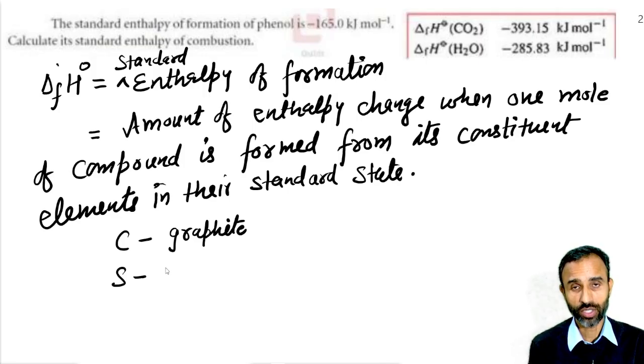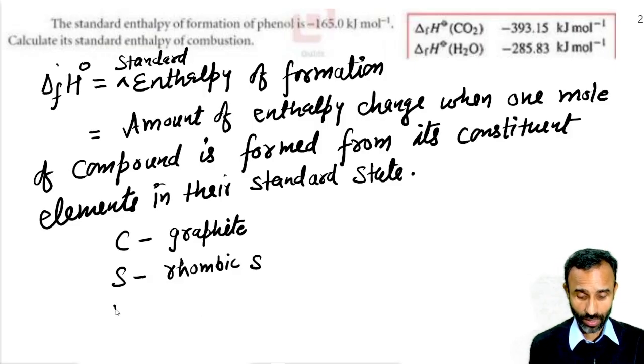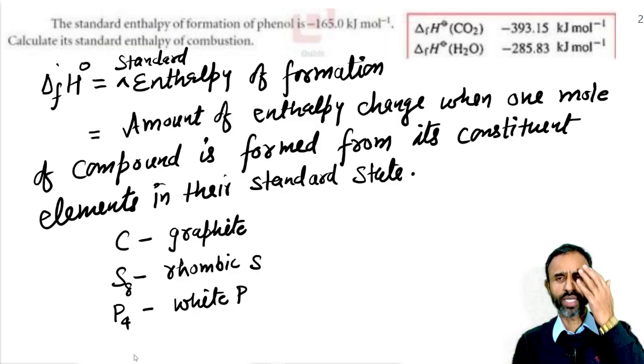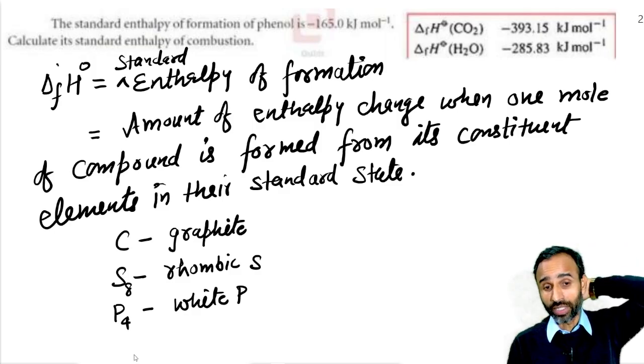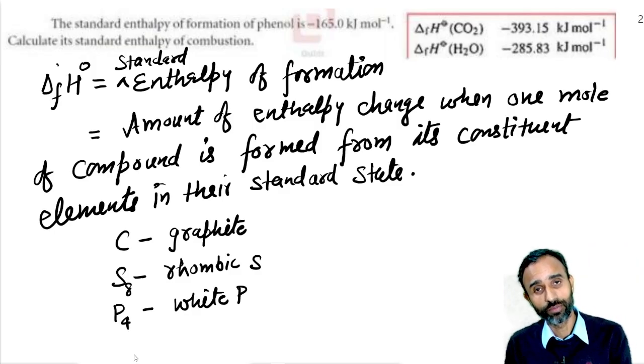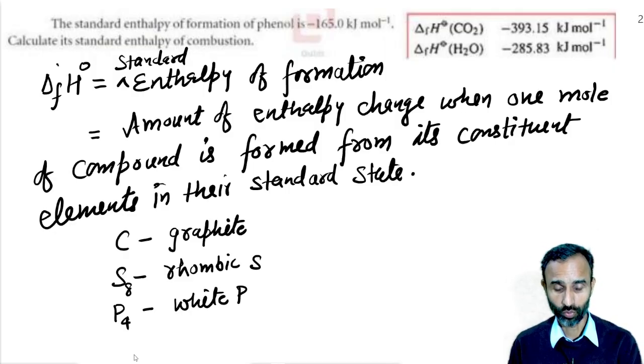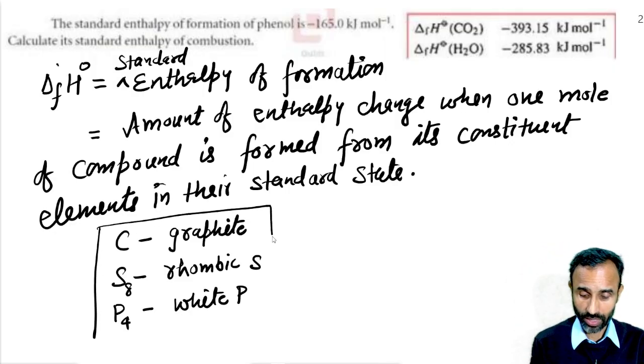What is the standard state of sulfur? It is rhombic sulfur. And phosphorus, it is white phosphorus. Even S8 is monoclinic sulfur, plastic sulfur, and P4 is white phosphorus, red phosphorus, black phosphorus. So these 3 standard states you have to remember, okay?